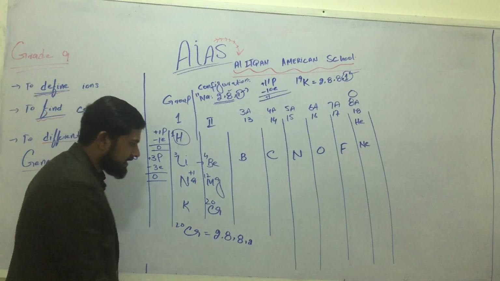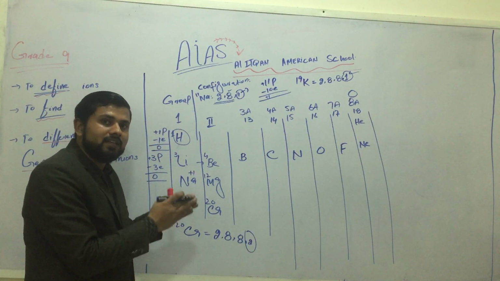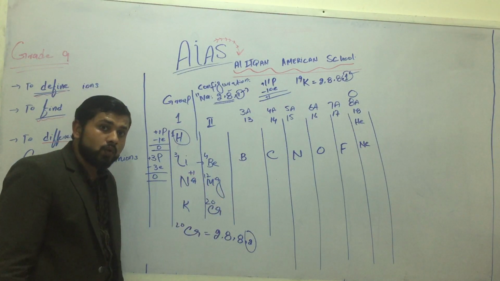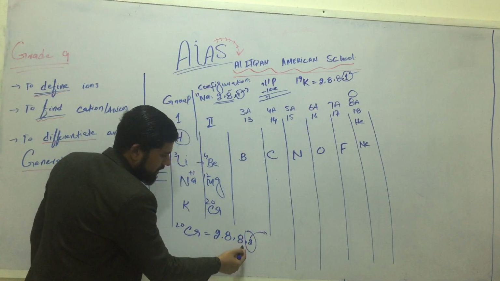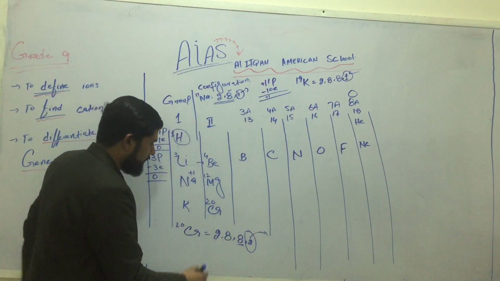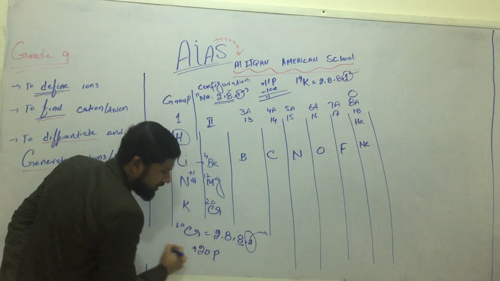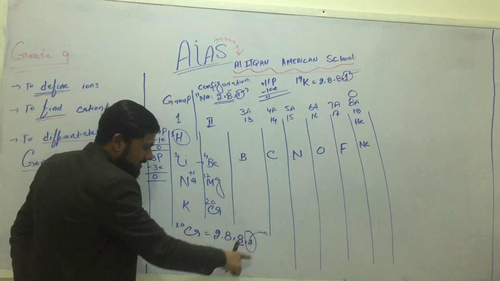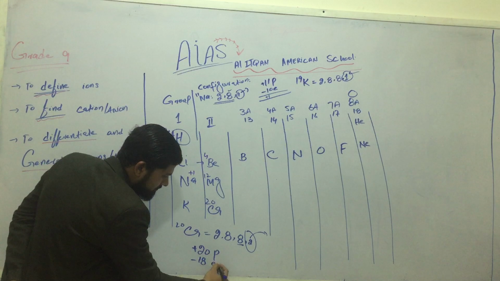So in last shell there are 2 electrons, and I told you they have to have 8 electrons in their outermost shell. So if they are not 8, you have to make them 8. How? Just skip it from here, the last will be 8. So when you give it off, the protons were 20, electrons were also 20 before, but now when you are giving these two, you have only 18 electrons.